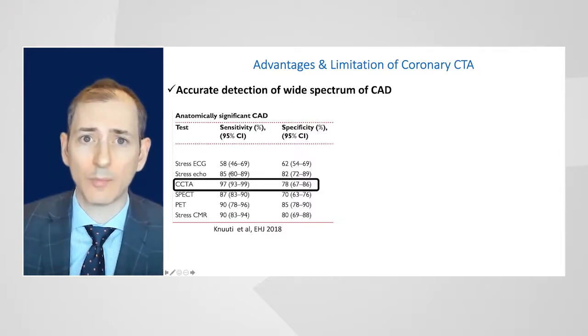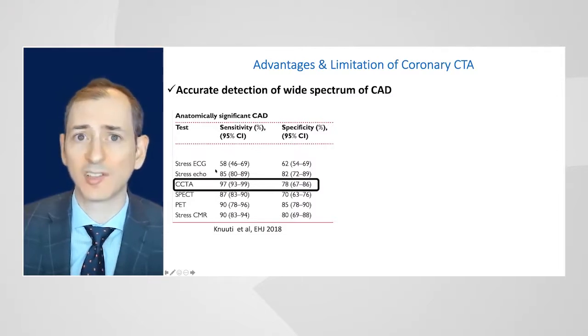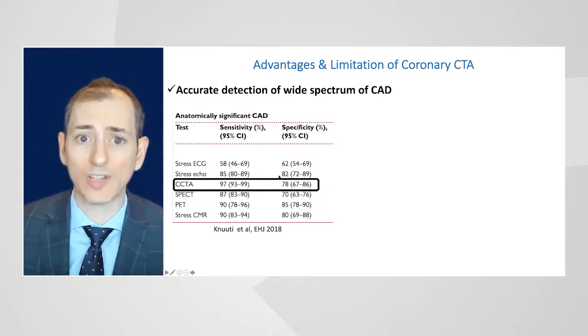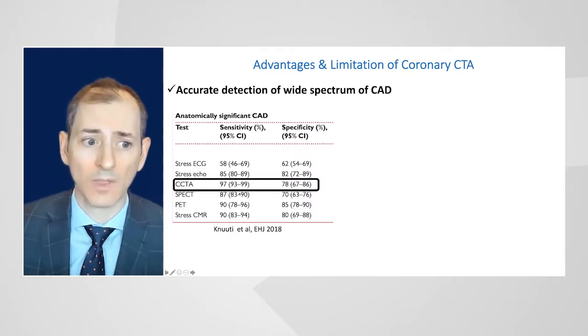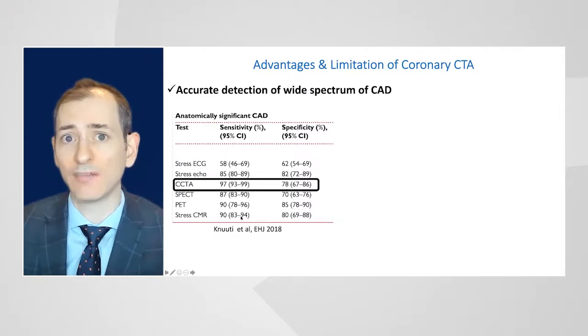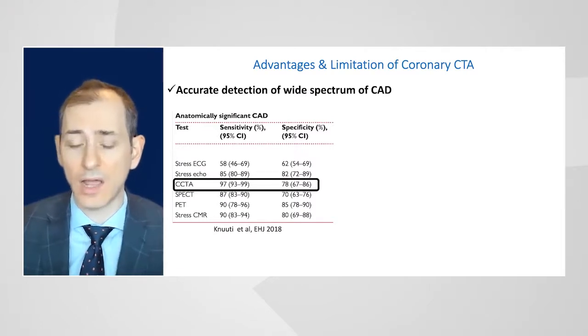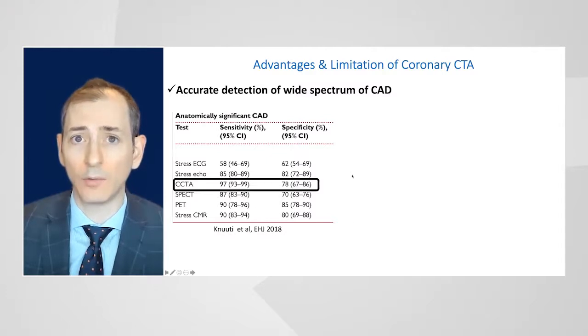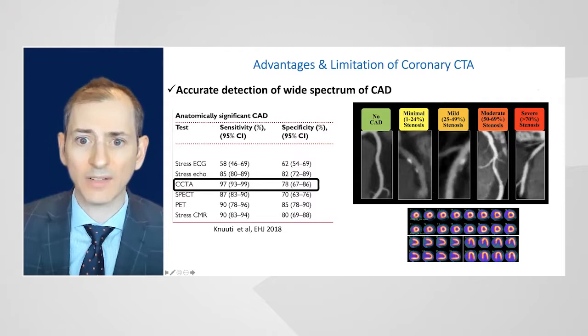And you can see here from a meta-analysis that informed the European guidelines, CTA has the highest sensitivity to detect stenosis with a specificity which seems comparable to most other modalities. Importantly, the high sensitivity translates into a high negative predictive value. So when the CT is normal or when there's no stenosis, we can be very reassured that in fact that is accurate.